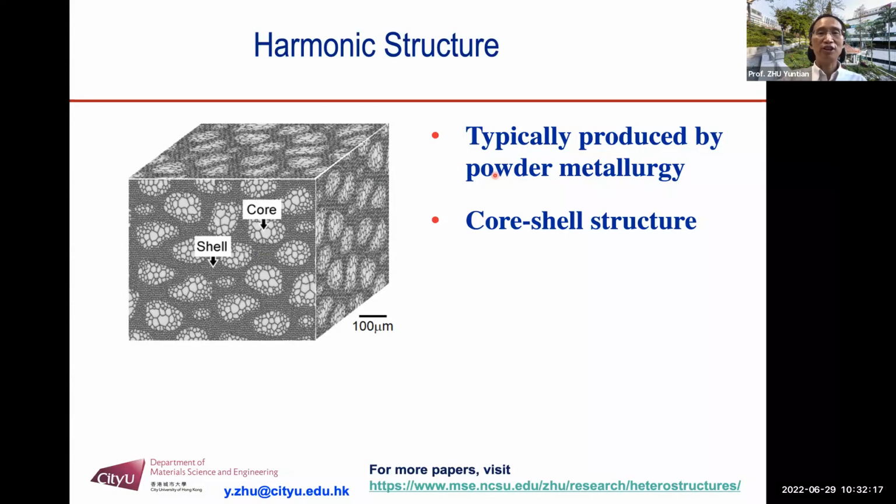If you have more interest, you can check out Professor Kei Amiyama's work to have more information. Basically, each of these is from a big powder, and he did low energy ball milling to make the surface of the powder nanocrystalline, while the inside of the powder is still coarse-grained, and consolidated them together, you form this structure.